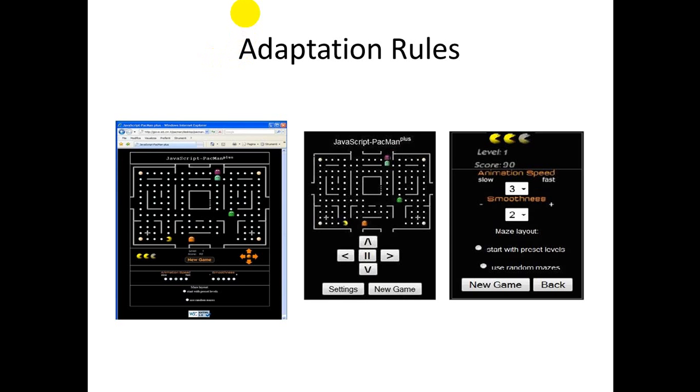Adaptation rules. This slide shows 3 pictures. First is a mobile device or a desktop device, and second is a mobile device. This rule name is splitting: splitting the user interface into 2 or more separate presentations.